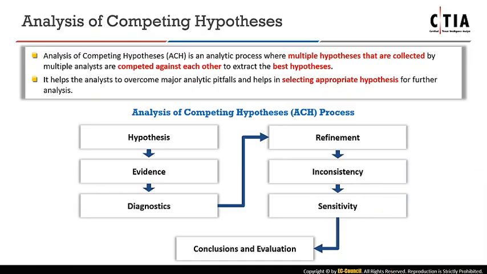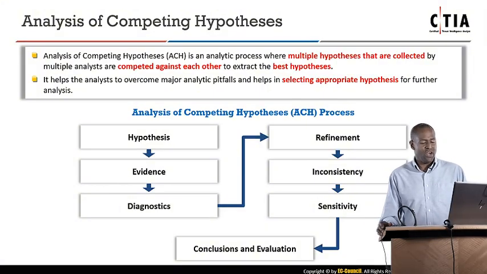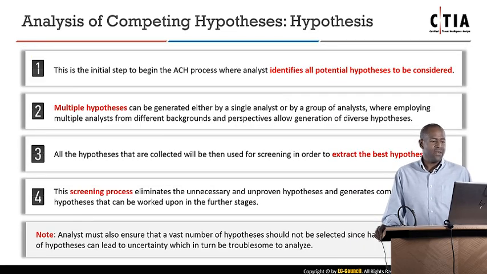With sensitivity, you want to look at the sensitivity of the data that was received and the hypotheses themselves, and then from there we run our conclusions and our evaluation of the data, and then we present that data. So let's start looking at the first link in this chain, hypothesis.